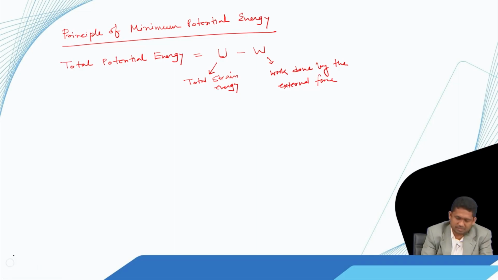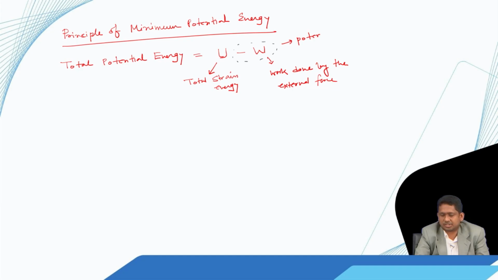Now, this entire quantity, with W carrying a negative sign, is also called the potential of the applied load.